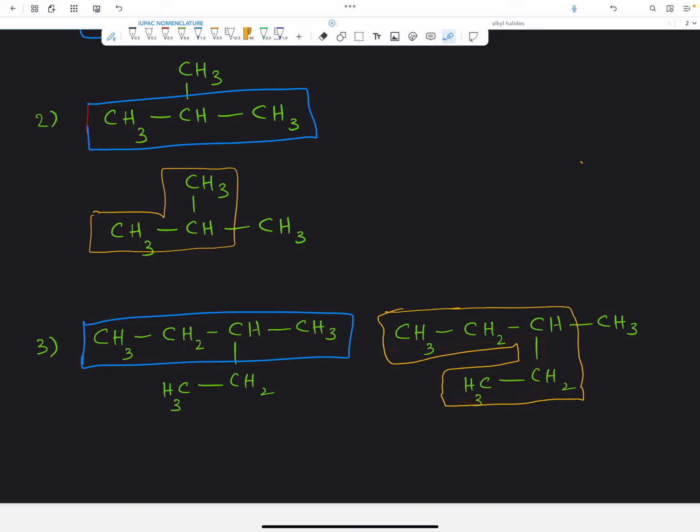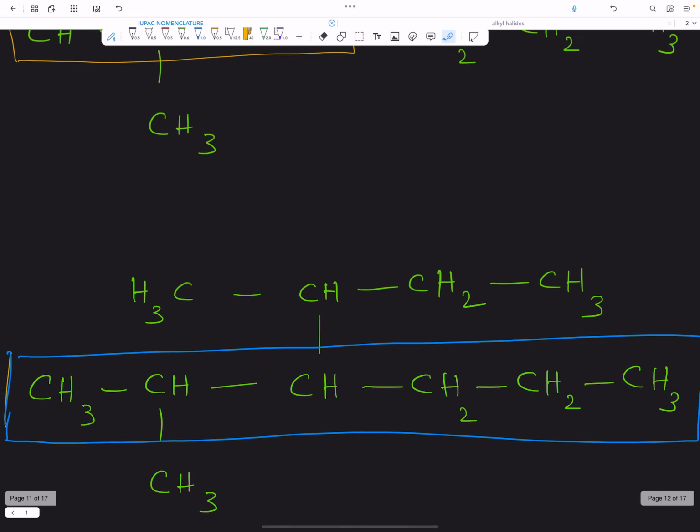We must choose the parent chain as one that has maximum number of carbon atoms. Therefore, this is a parent chain, this is not a parent chain. Always choose a parent chain as that with maximum number of carbon atoms and then only with maximum number of substituents.